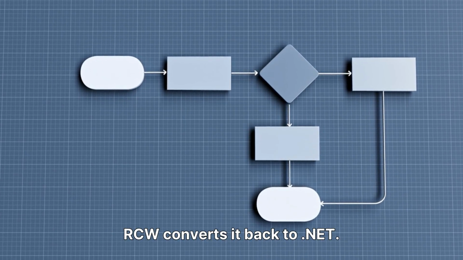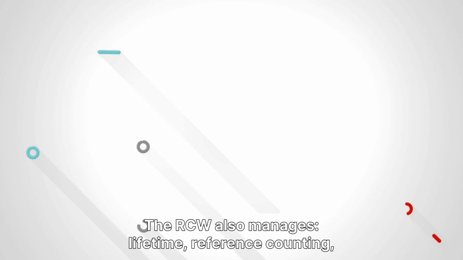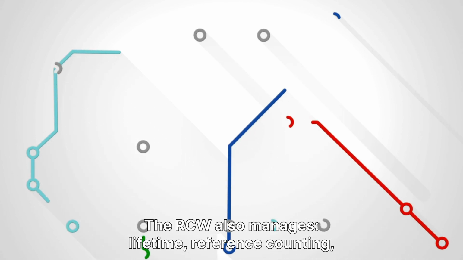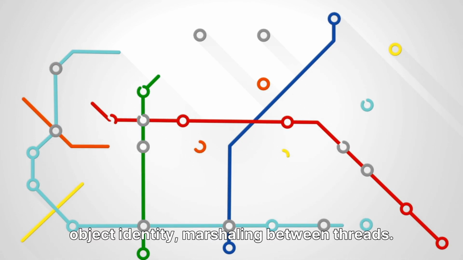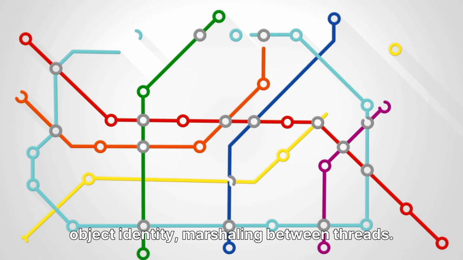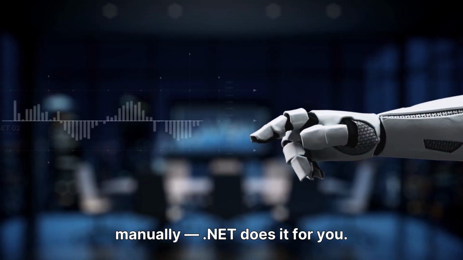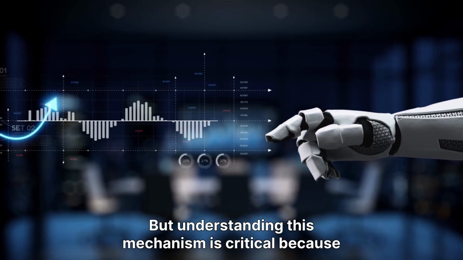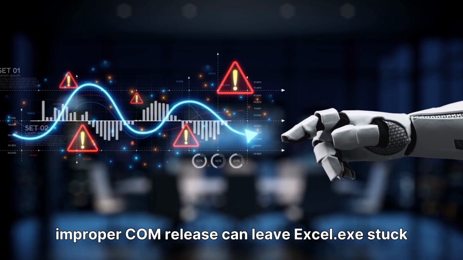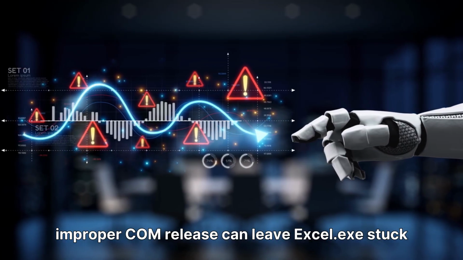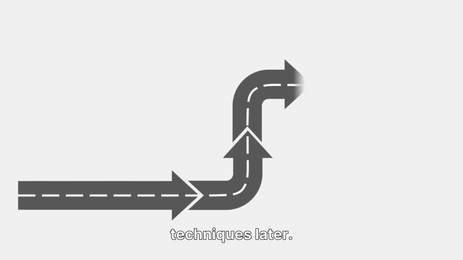The RCW converts it back to .NET. The RCW also manages lifetime, reference counting, object identity, and marshalling between threads. You don't need to write RCW code manually. .NET does it for you. But understanding this mechanism is critical because improper COM release can leave Excel.exe stuck in memory. We will learn all the proper release techniques later.